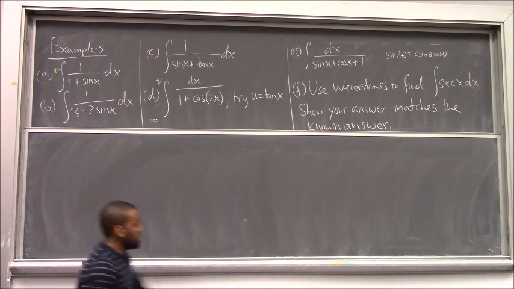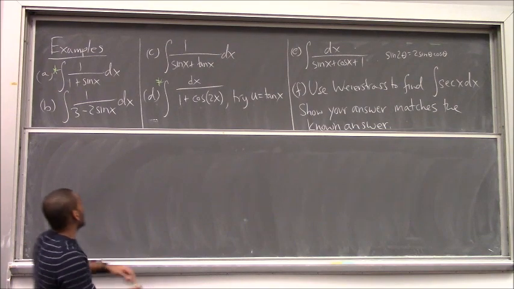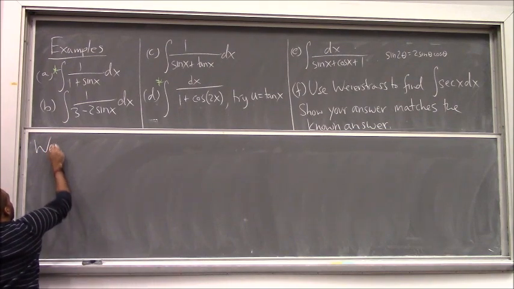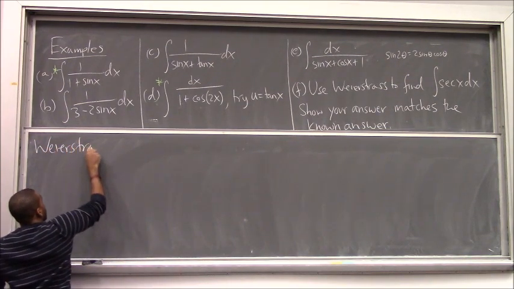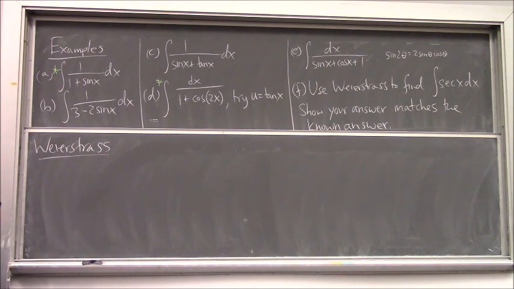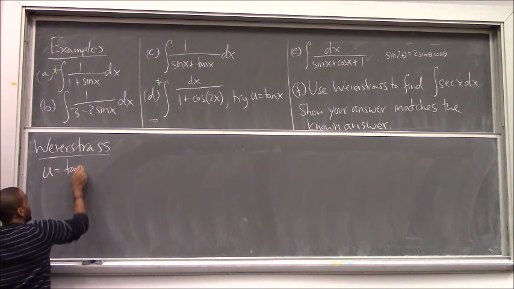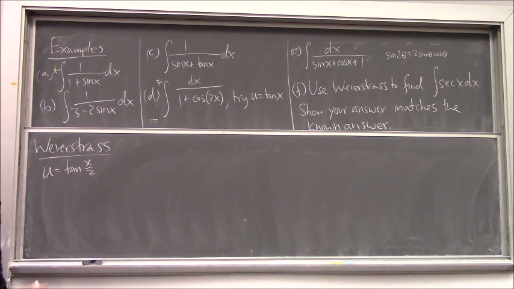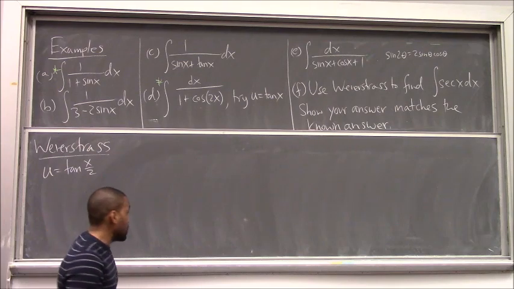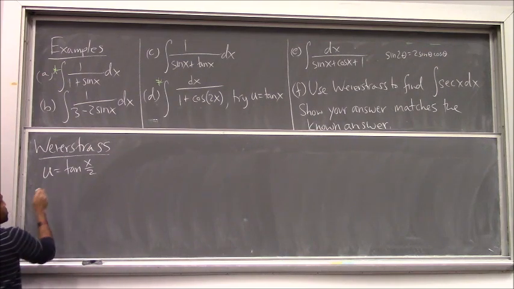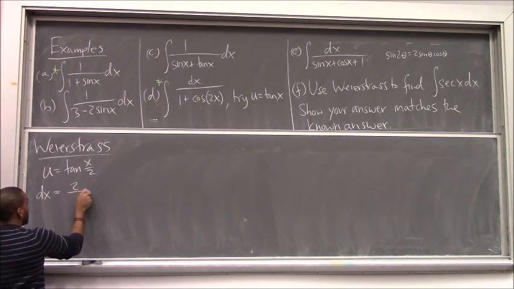Let's begin. Last time we talked about the Weierstrass substitution. What was the actual substitution? u equals tangent of x over 2, which means your x is an inverse tangent function. If you make that substitution, what does your dx become? 2 over 1 plus u squared.